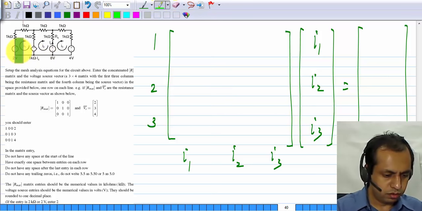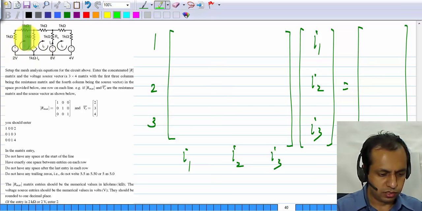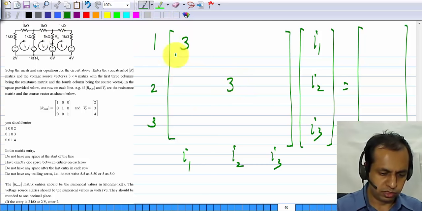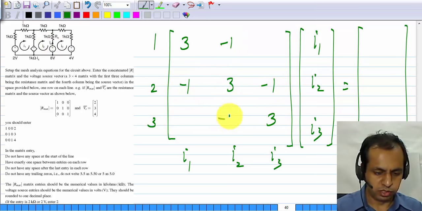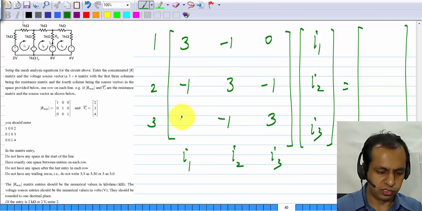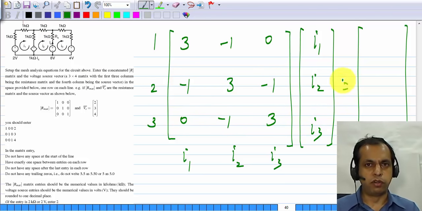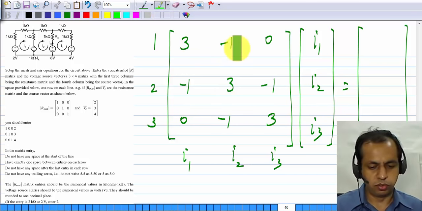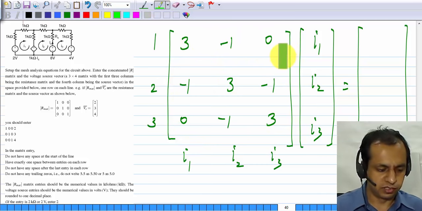The total resistance around mesh 1 is 3, around mesh 2 it is 3, mesh 3 also 3, resistance common to meshes 1 and 2 is -1, common to meshes 2 and 3, -1, common to meshes 1 and 3, 0. Now I have not included the current controlled voltage source yet. This contribution is only because of the resistors.